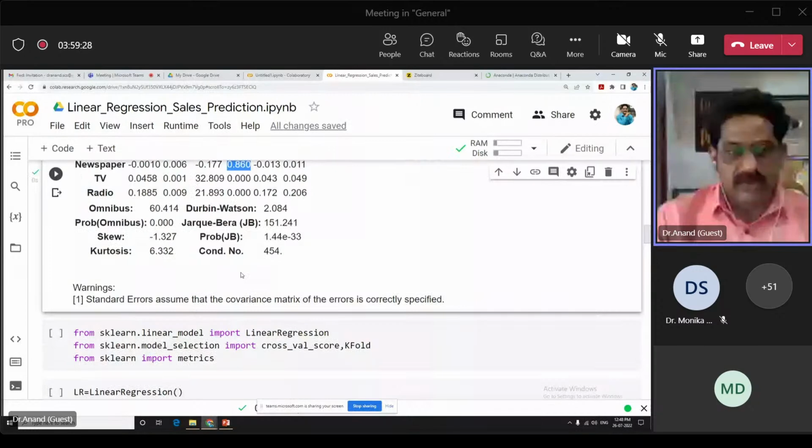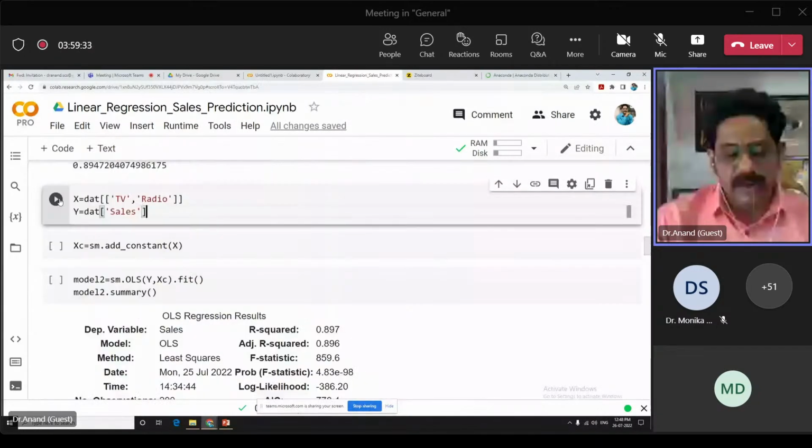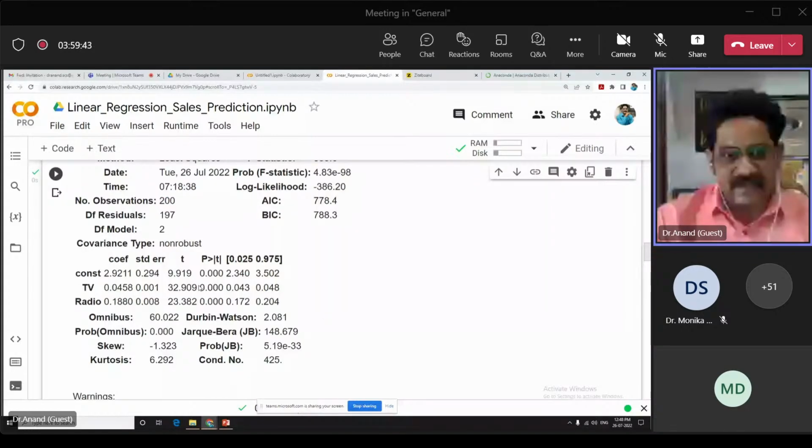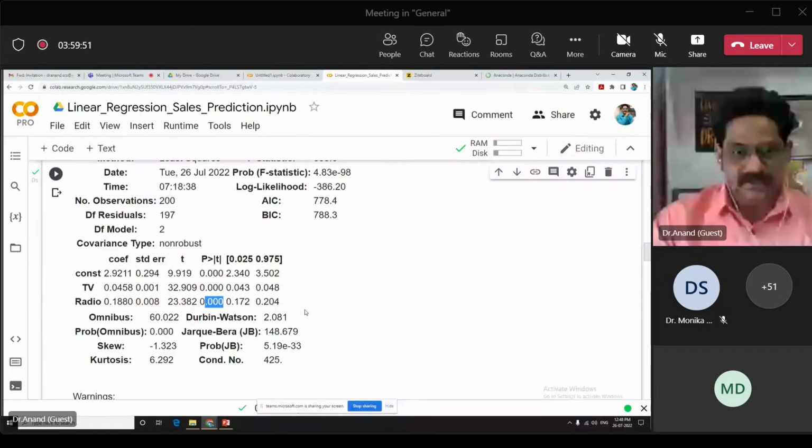If we construct the model only with the two features, TV and radio, now I see the performance of the model. Now I'll call this model 2. You can see they're statistically significant. The individual features are statistically significant, but still I have to check whether the overall residue is meeting the linearity assumptions or not, and whether that residue follows near normal distribution or not.